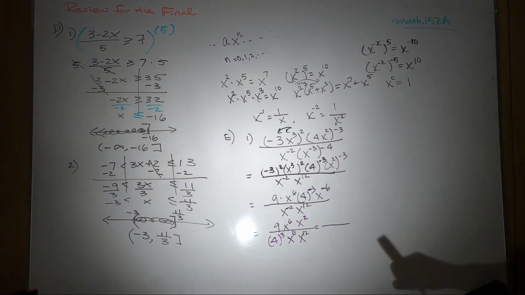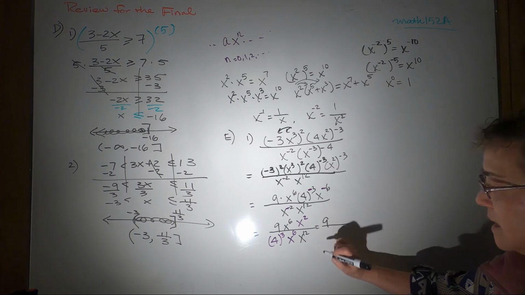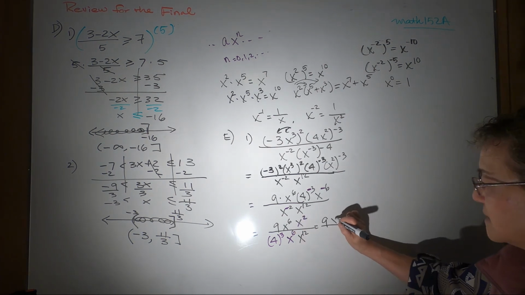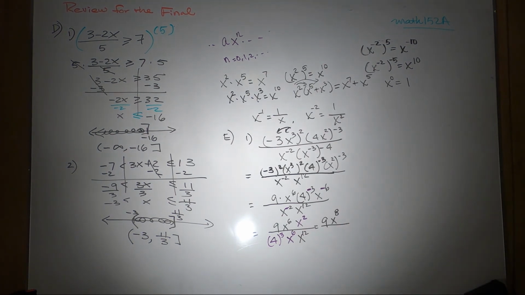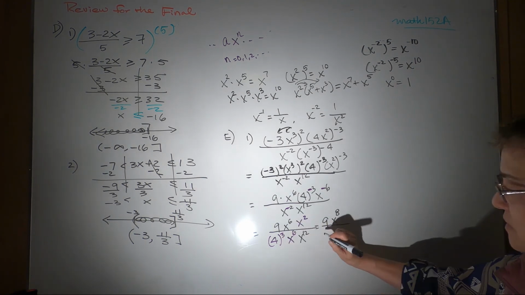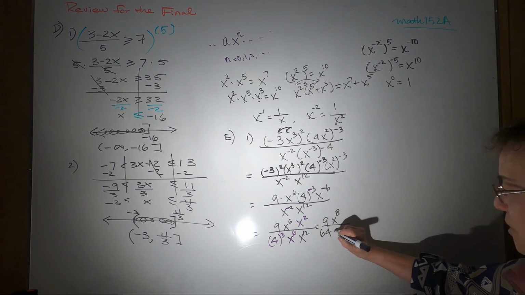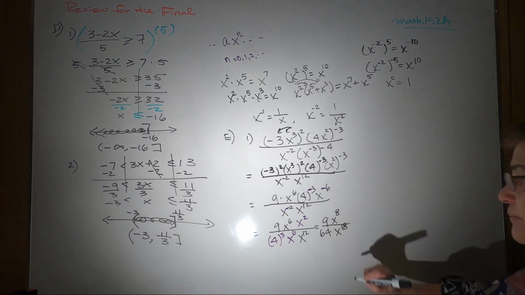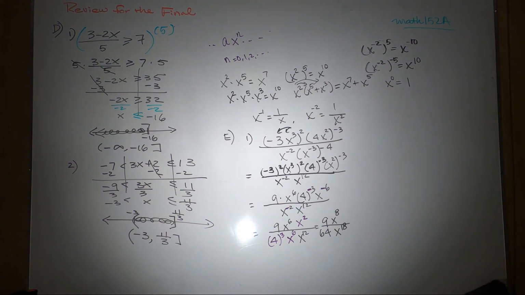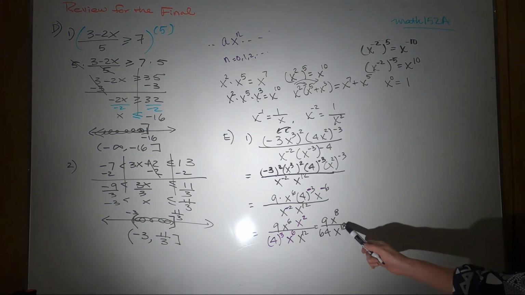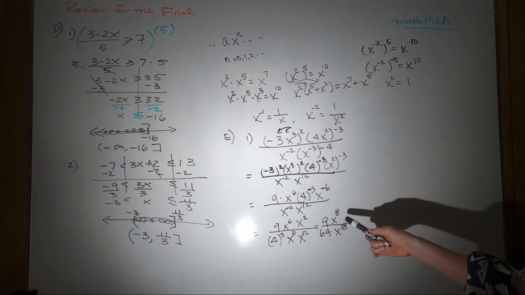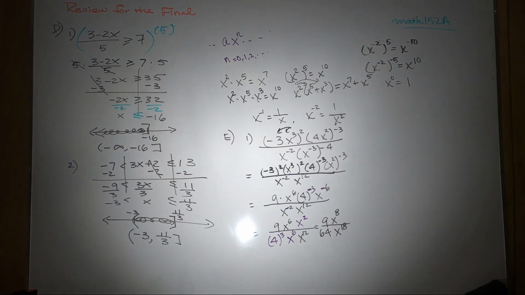Now you can see the numbers. The -3rd power, so that's 9. Total would be what? x to the 8th. Then here 4 to the 3rd power is 64. x to the 6th times x to the 12th, total would be 18. Okay? And you cannot leave the answer there because there are too many x's at different places. You need to simplify.